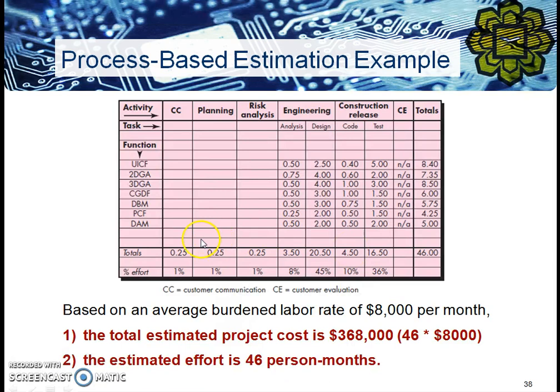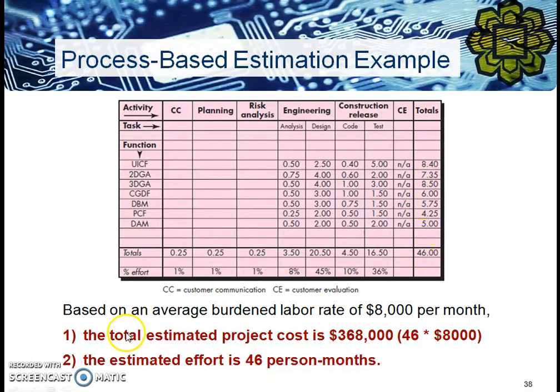For example, in planning, in risk analysis, in engineering, we put the estimated effort for each of these tasks, and in the end we come out with some value.